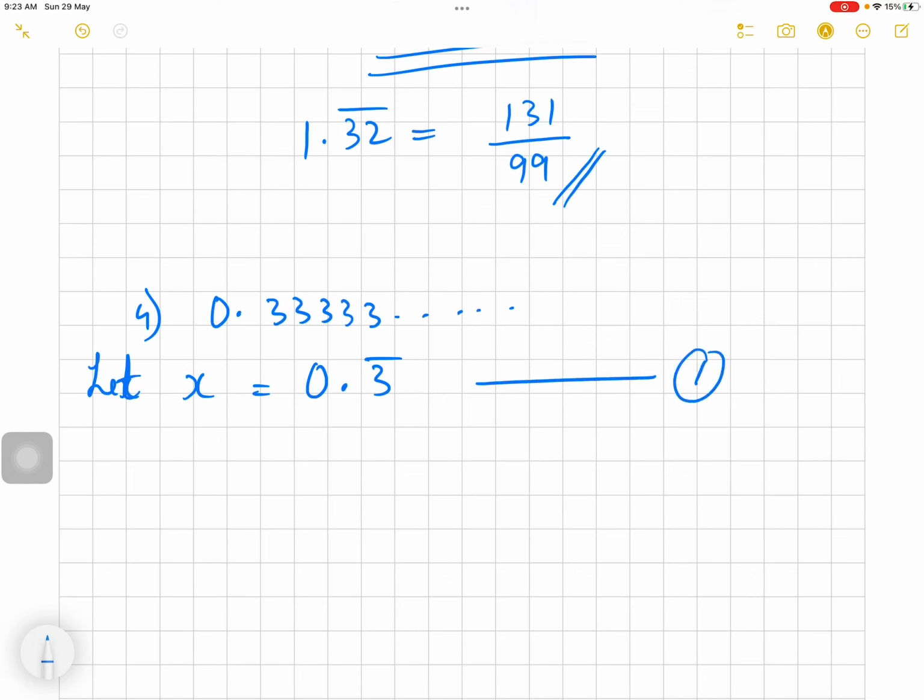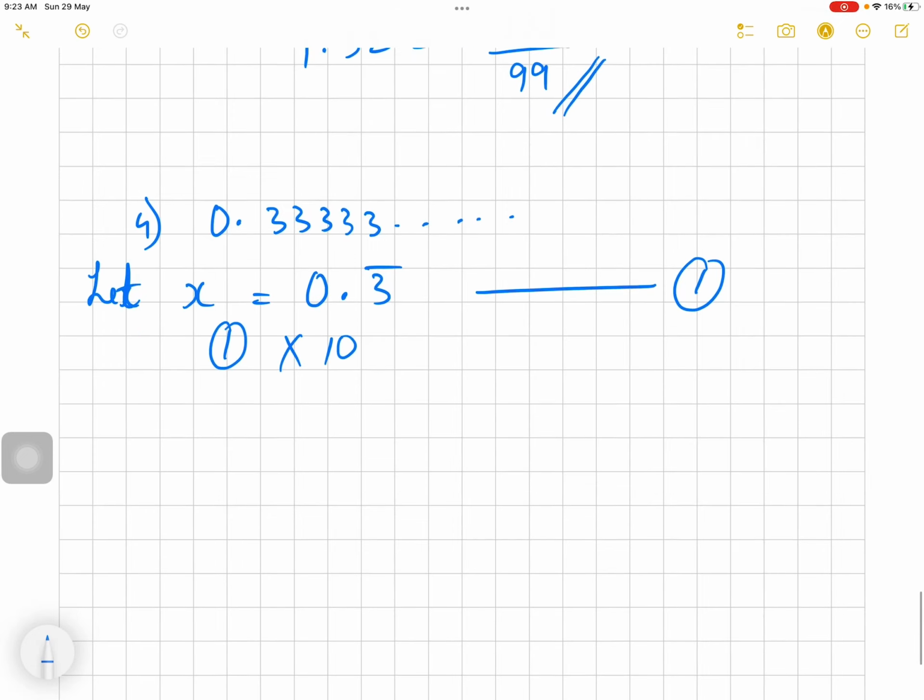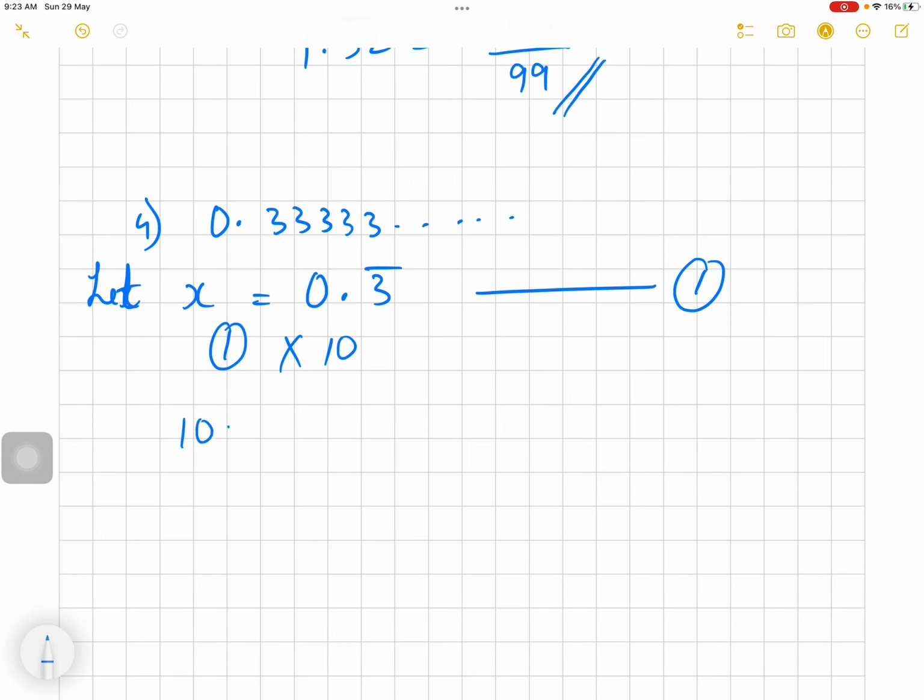Let this be 1. Because only one number is recurring, I'll multiply by 10. So 10x is equal to 3.3 recurring, right? 0.3 recurring means 0.33333333 and so on.